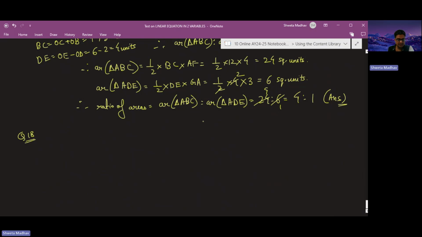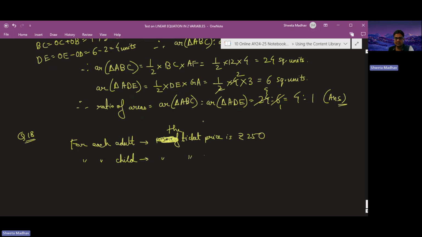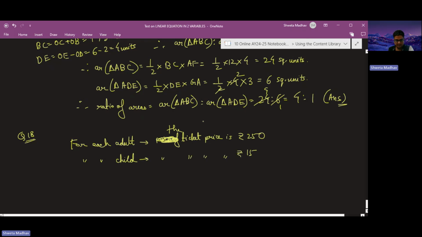The ticket charges for the park are rupees 150 per child and rupees 250 per adult. So the ticket price for each adult is rupees 250, and for each child the ticket price is rupees 150.